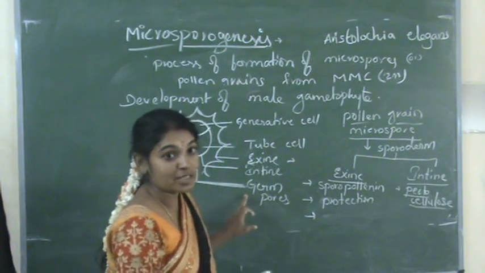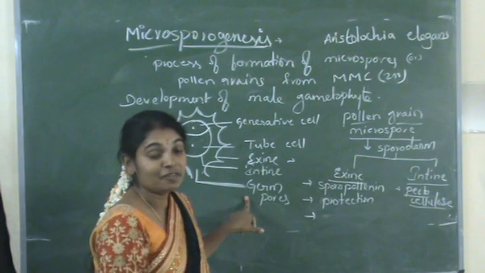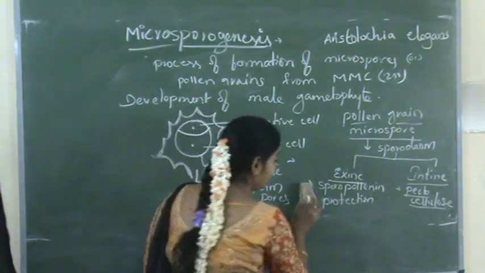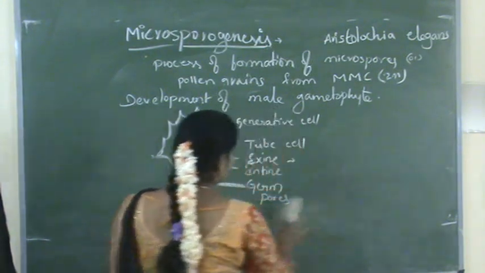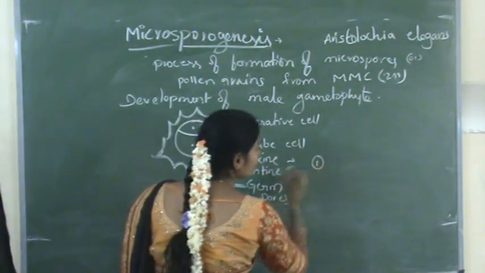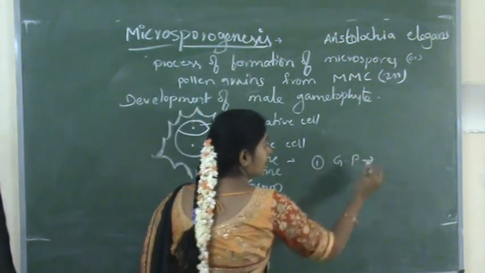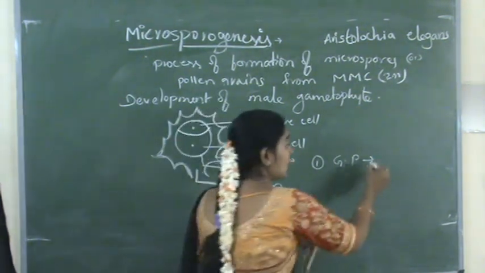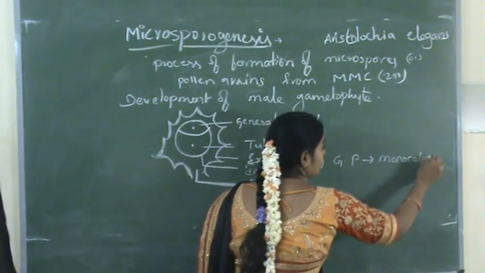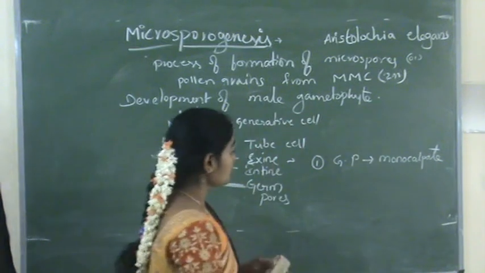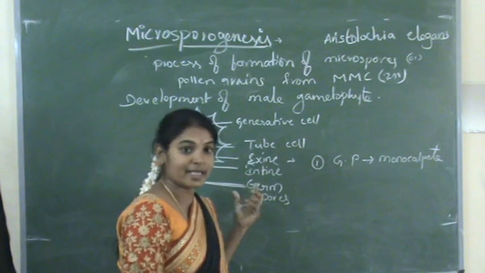On the basis of the number of germ pores, there are different types of exine. If there is only one germ pore, it is called monocolpate. So a germ pore is a weak point present on the exine wall.